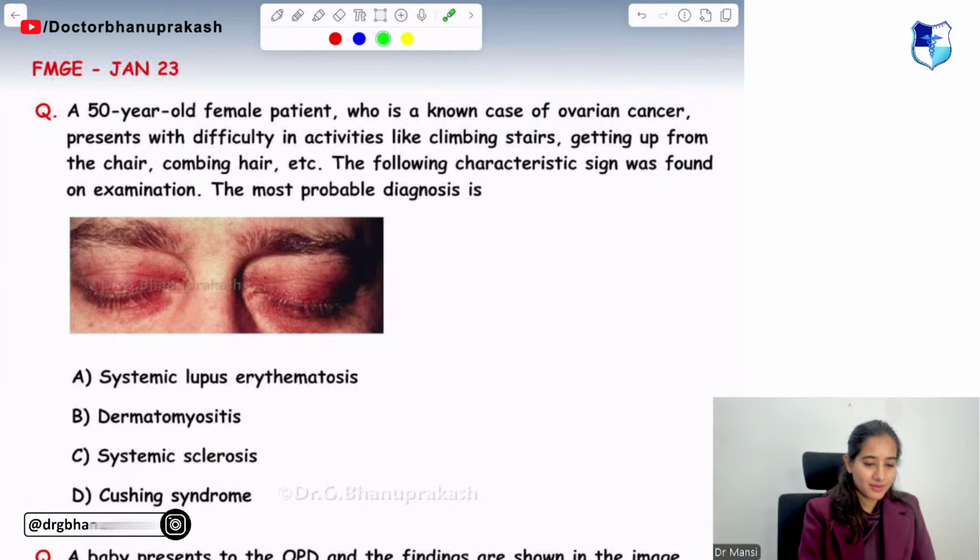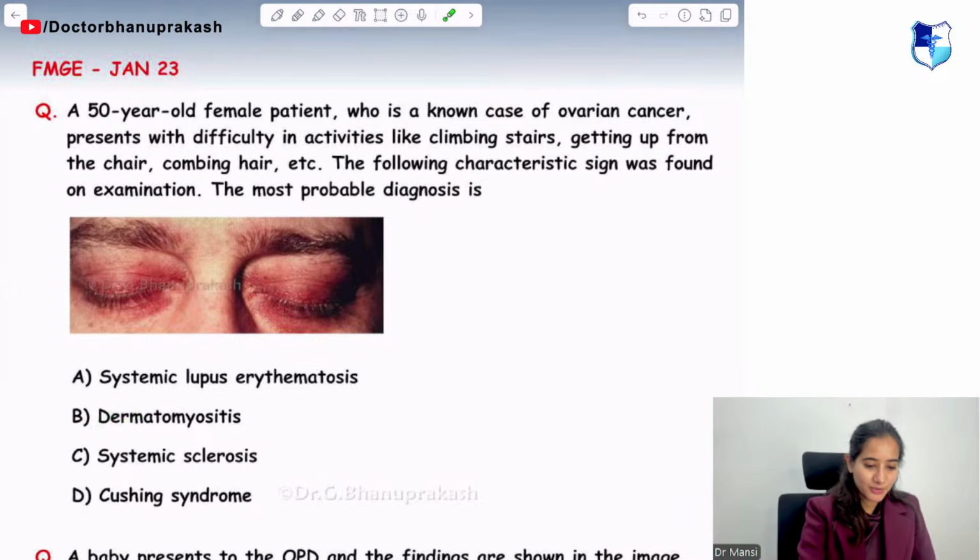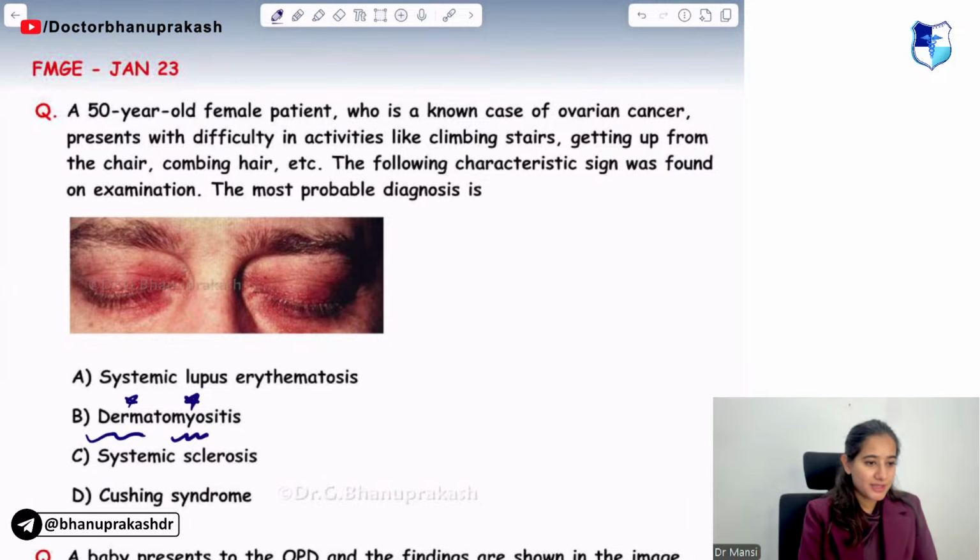I have got a couple of answers, and absolutely, dermatomyositis, as we discussed, there is muscle involvement as well. And can anyone tell me the sign which is shown here? Absolutely right, Bhuvan, the heliotrope rash.